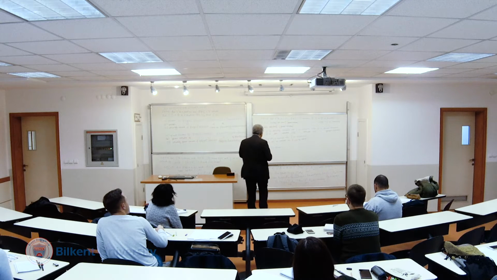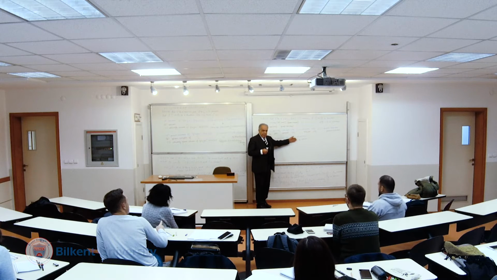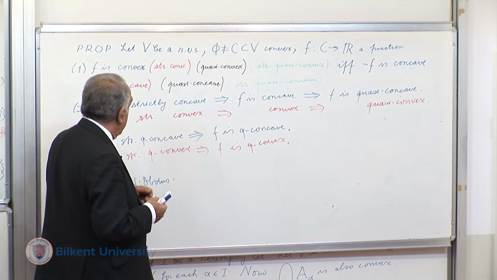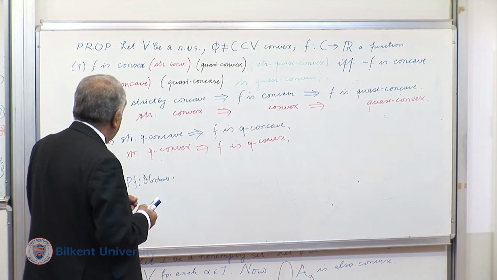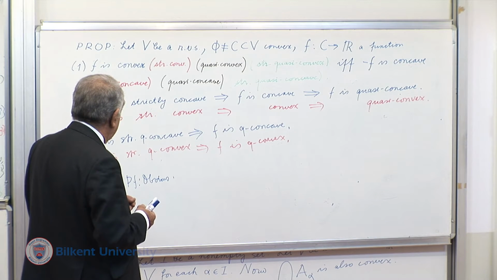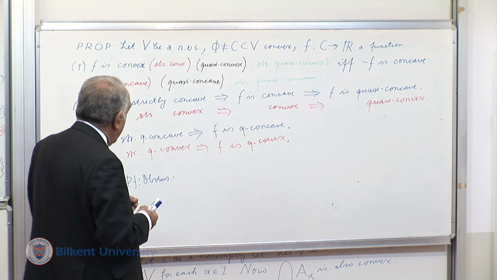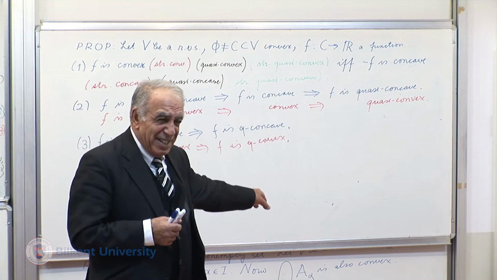Here, strict concavity implies concavity. I meant at part 2, we say f is strictly concave. Why does that not imply f being strictly quasi-concave? Yeah, that implies, so that is missing in here.